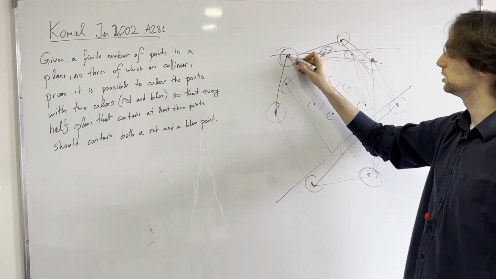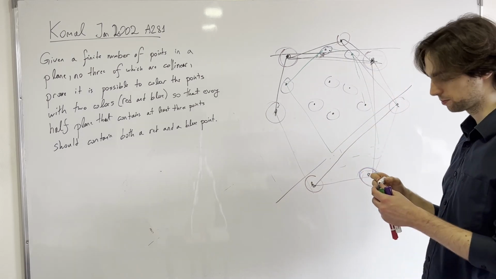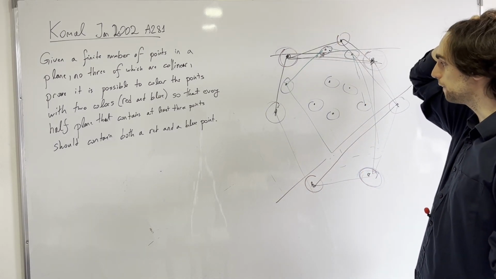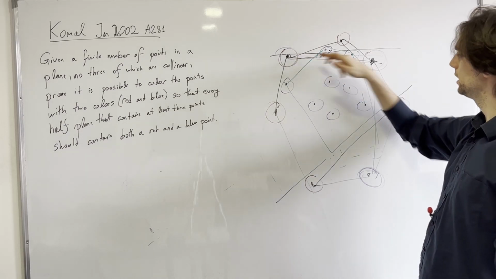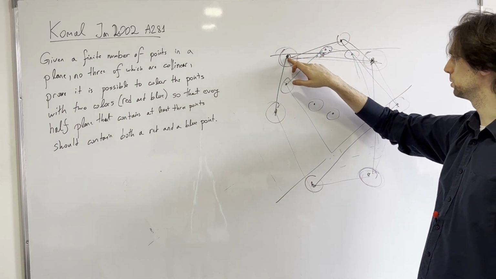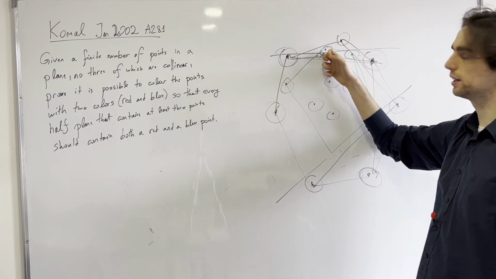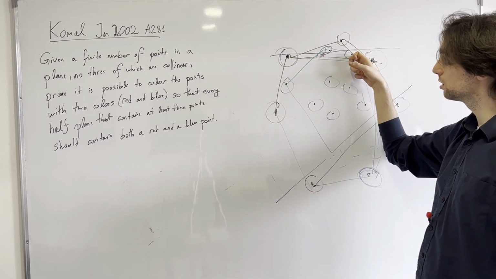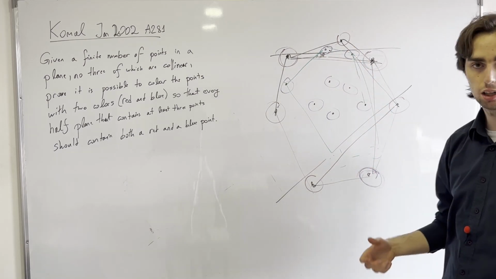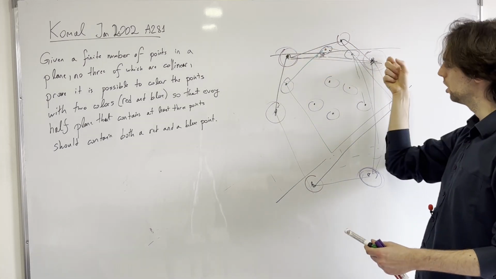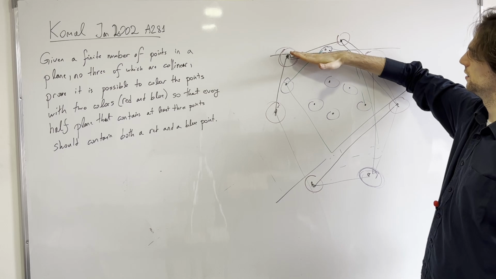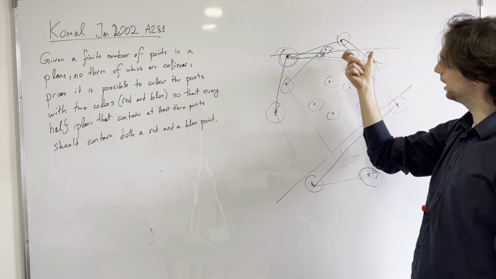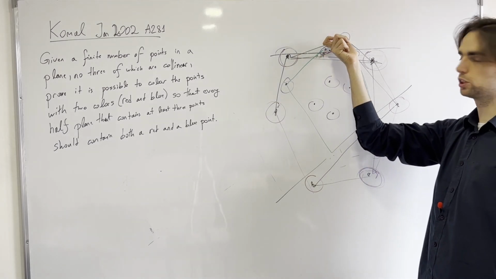This one would be colored blue if and only if, in the triangle formed by these consecutive 3 points, we didn't have a blue point inside of it. But given these 2 points are on this line that divides the plane, given that, we know this one is red.